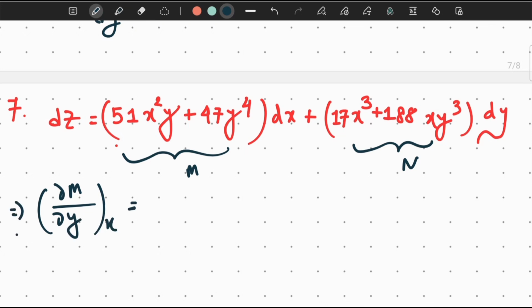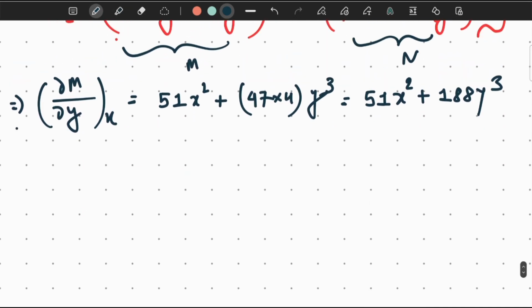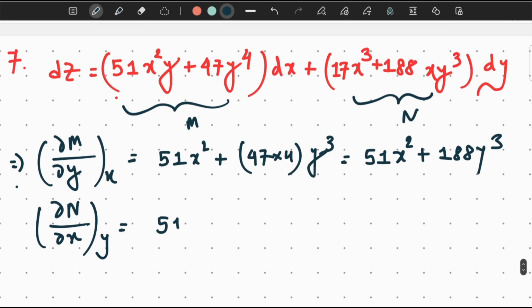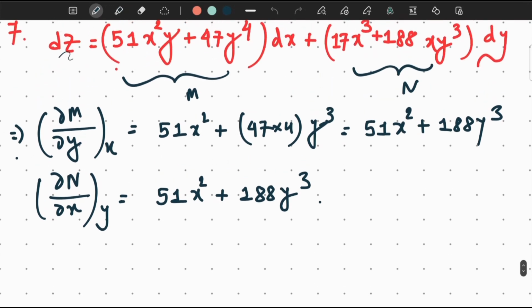So what will that be? 51x square plus 47 into 4y cube, so it is 51x square plus 188y cube. And the next part, del N del x at constant y. What will that be? 17 into 3, it is 51x square plus 188y cube. So it's matching. So it is evident that dz is an exact differential.